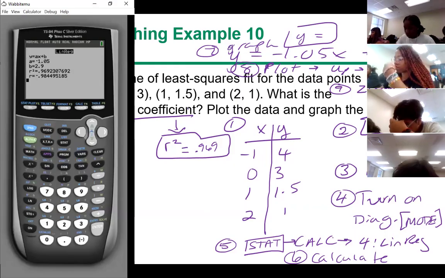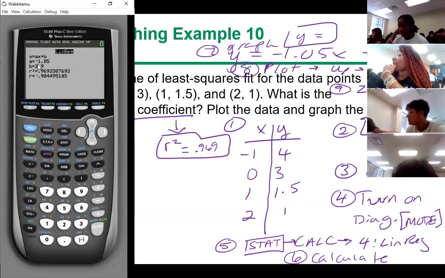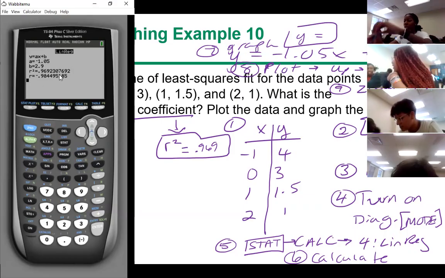From those calculations, I can see that my slope is -1.05. My b is 2.9. I can identify my correlation coefficient. My correlation coefficient is 0.969. Your correlation coefficient wants to be as close as possible to 1, and this is pretty good right here.